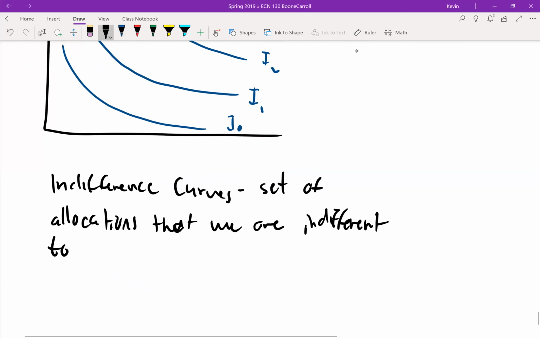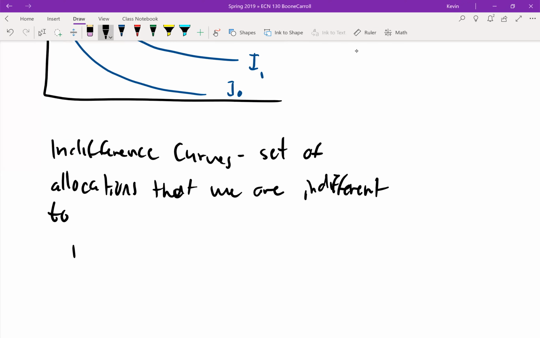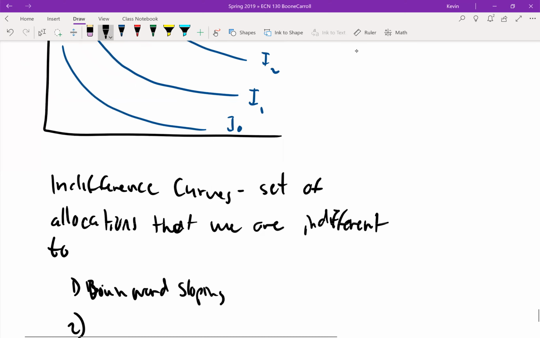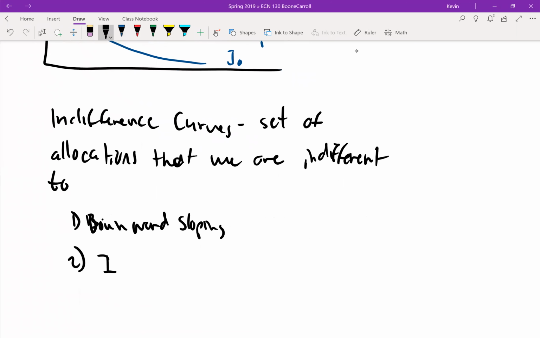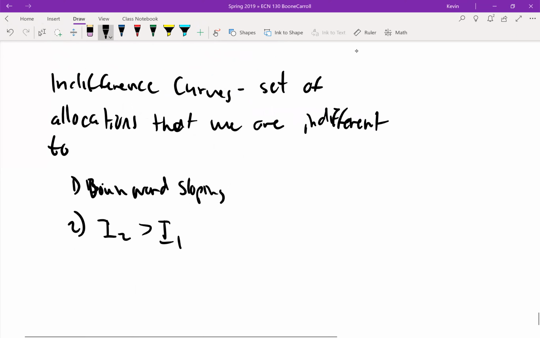And with these, a couple things that we saw. One, they're downward sloping. Two, I2 is preferred to I1. So as we go out, they're more preferred to each other. I1 is preferred to I0, and I2 also would be preferred to I0.